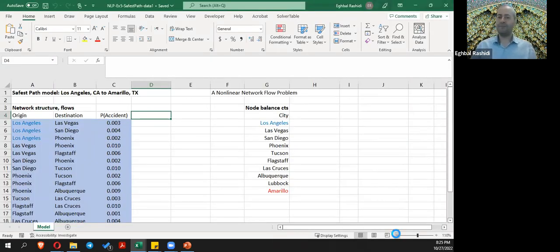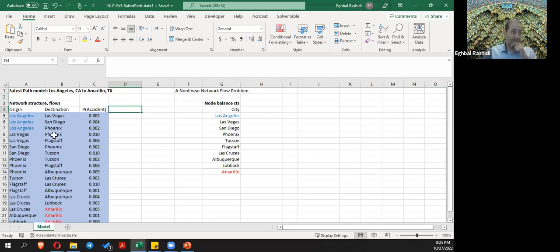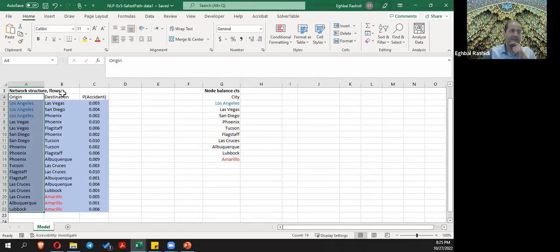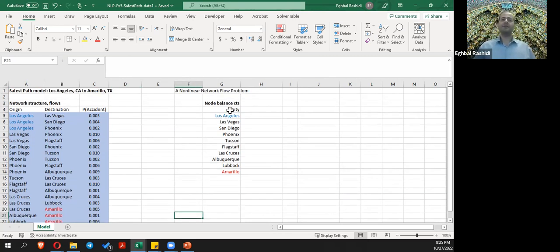All right, so this is the data that we have: the origin cities, the destinations, the probability of accidents here. And I have made the origin city, Los Angeles, a different color, blue, and the destination, Amarillo, another color, red. We're going to have the node balance constraints for all of these cities, as you can see here.